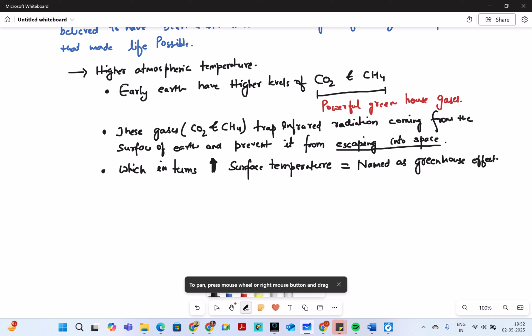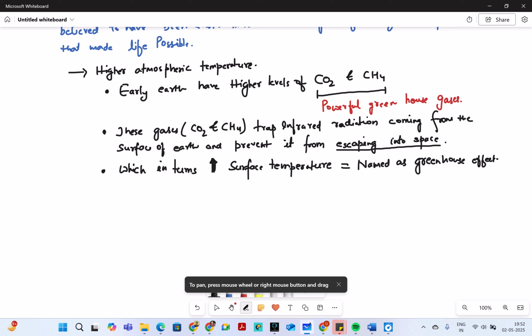Now the higher levels of CO2 and methane are responsible for the temperature of earth being much higher than what it is today. At that time, the pre-earth era was more polluted.